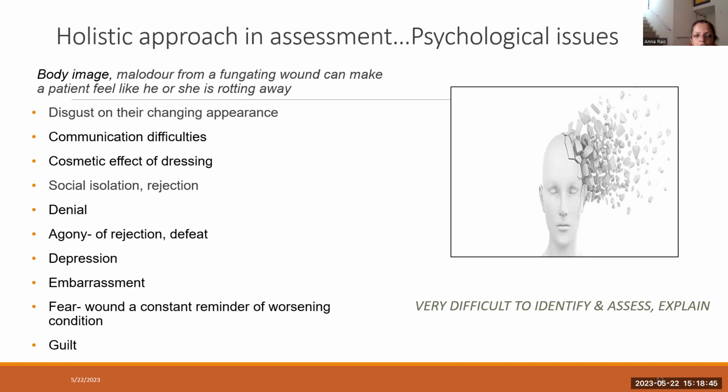Social isolation, rejection from the family, from the society, and non-acceptance, right? So he's not able to cope enough, right? Coping mechanism is totally lost, and because of that, he may use denial, to the limited prognosis that can also happen.